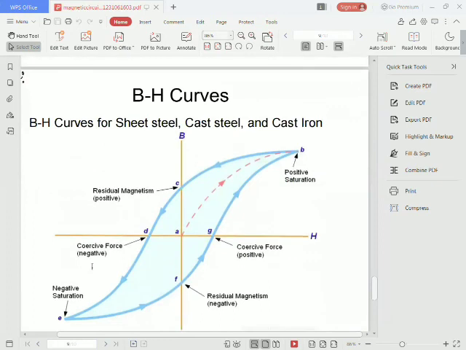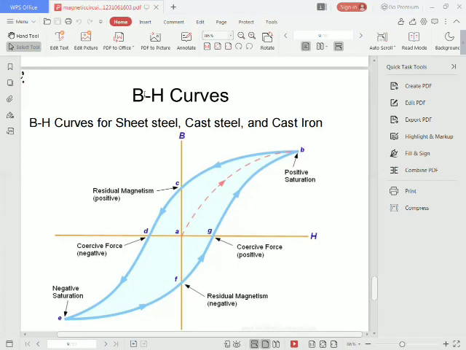The last point of this PPT is the BH curve. The BH curve is also called the magnetization curve. The BH curve or magnetization curve is the graphical relation between B and H, with H plotted on the x-axis and B plotted on the y-axis.